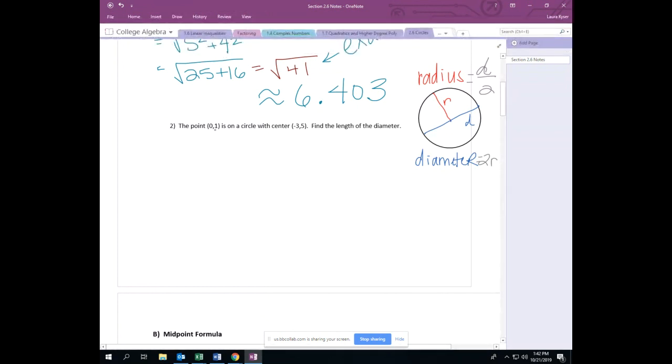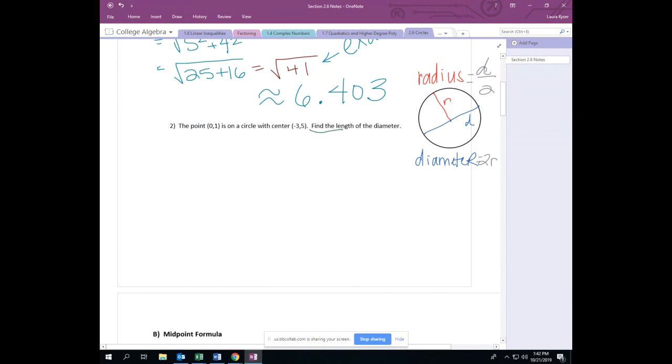Which brings me to this example. This example says we have a point (0, 1) on the circle, and the center is at (-3, 5). A point on the circle and the center. Now, a point on the circle and the center give you the length of the radius.